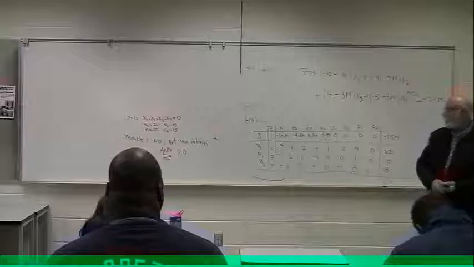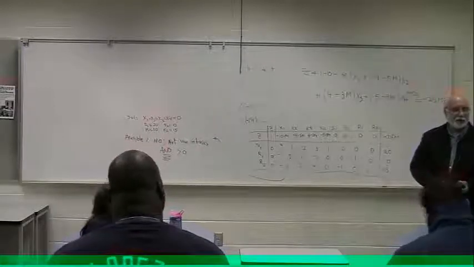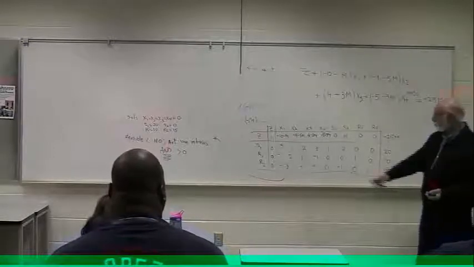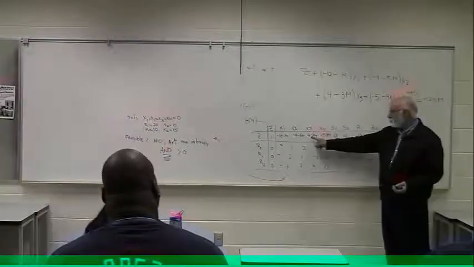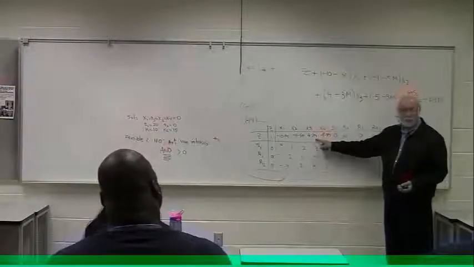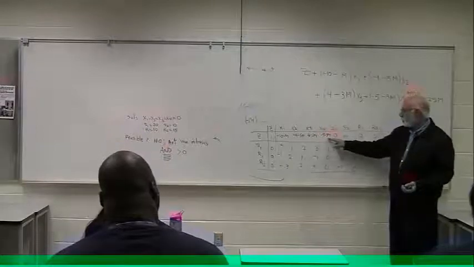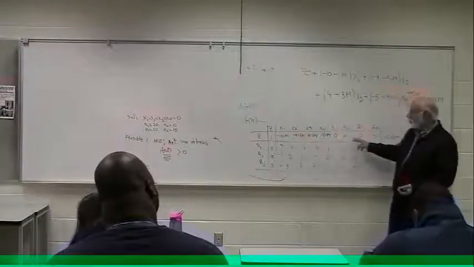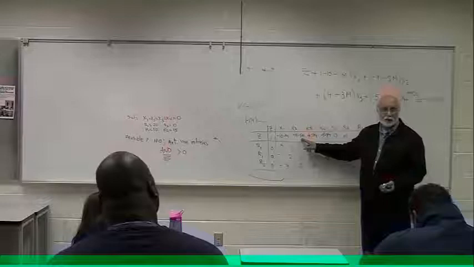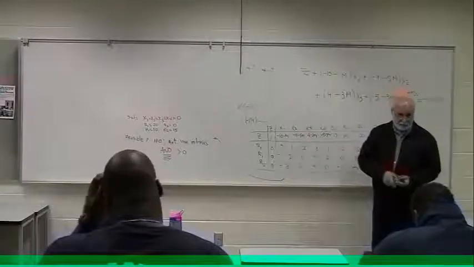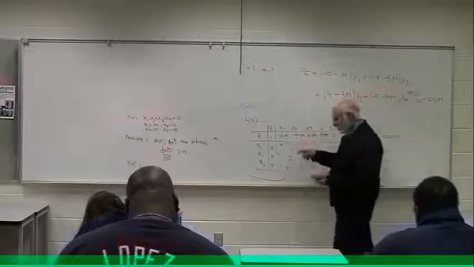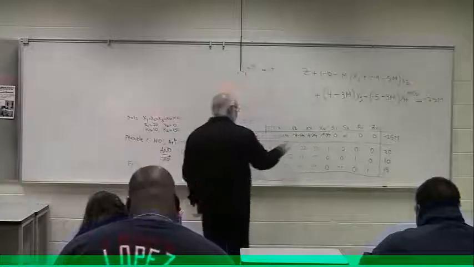For x2, which is minus 9 minus 5m. That is the most negative. This one, 4 minus 3m, minus 5 minus 3m, minus 10 minus m are all larger than this. This is more negative. So this is my entering variable.